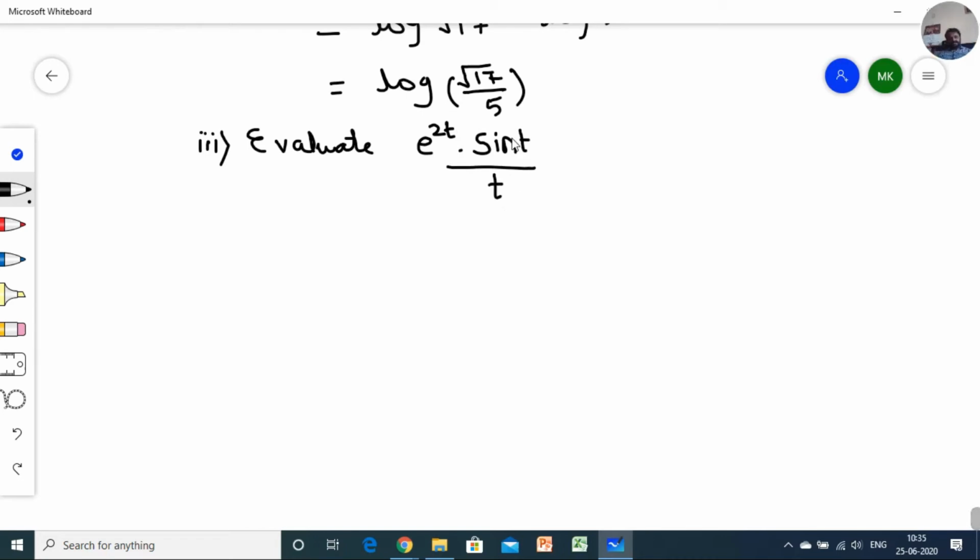So again the question is in the format of division by t, but the integration from 0 to infinity is not given.